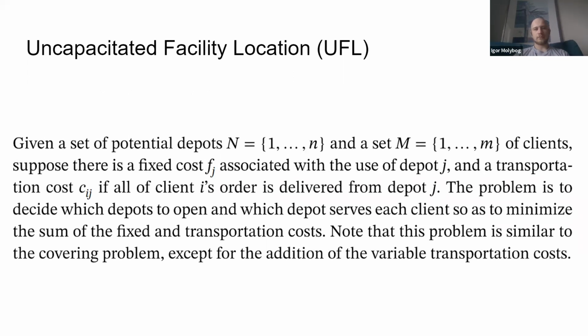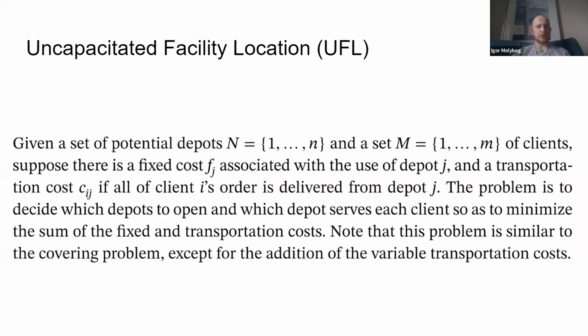So we have already discussed a problem with logical conditions, so I'm not going to repeat that once again, but I will give you an example of this uncapacitated facility location problem.